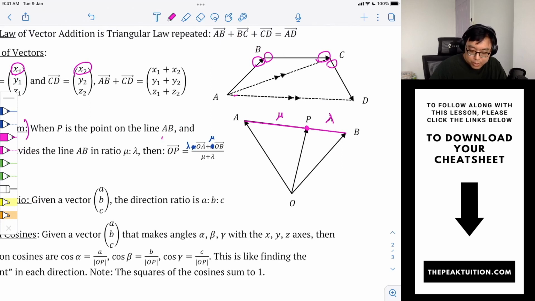To find it, we use this equation, and the way to understand it is that since P is along the line, we can represent it as a mix of A and B. But how do we mix A and B?